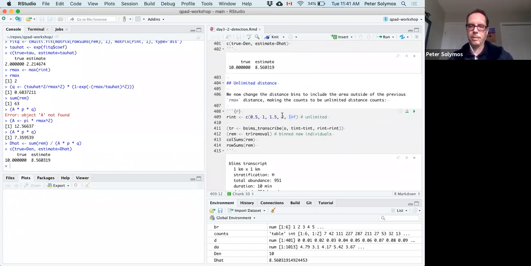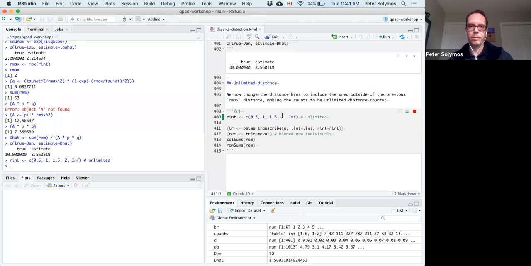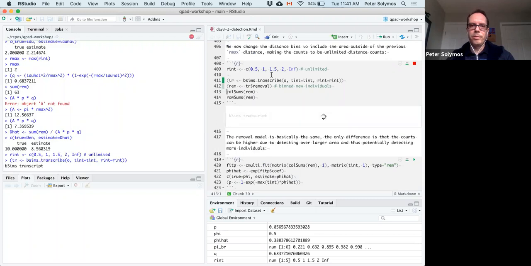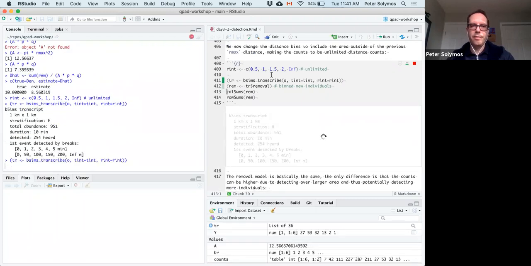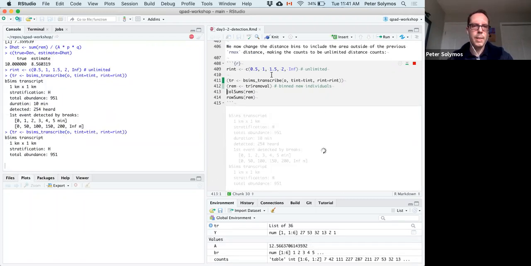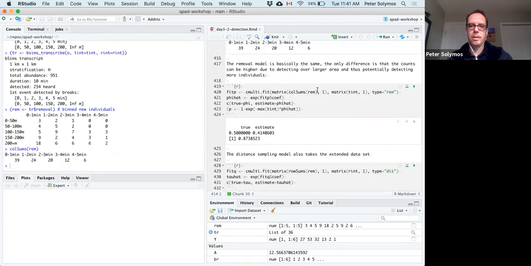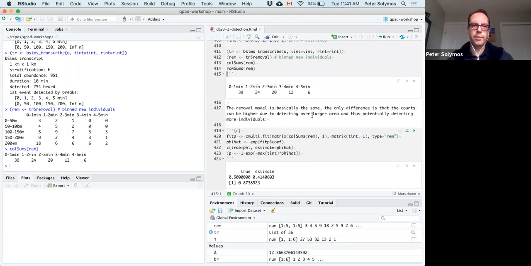The only thing is now we are going to repeat this line with new radii. And our removal table is going to be slightly different as a result. And the same goes for the sums.